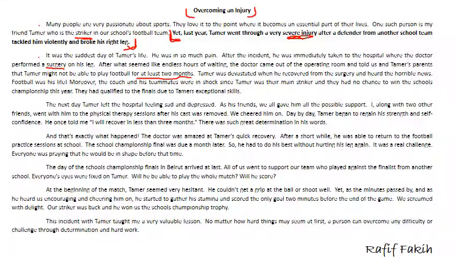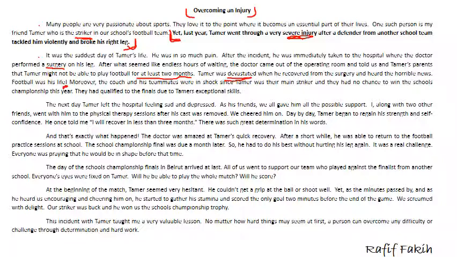Tamer was devastated. He felt destroyed when he recovered from the surgery and heard the horrible news. Football was his life. See, what am I including here? Feelings, horrible news, devastated, include those. And notice the exclamation mark to show the feeling.